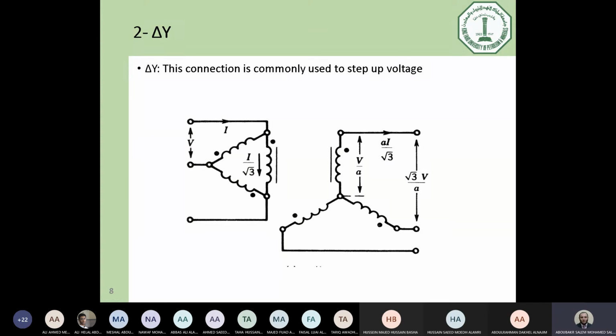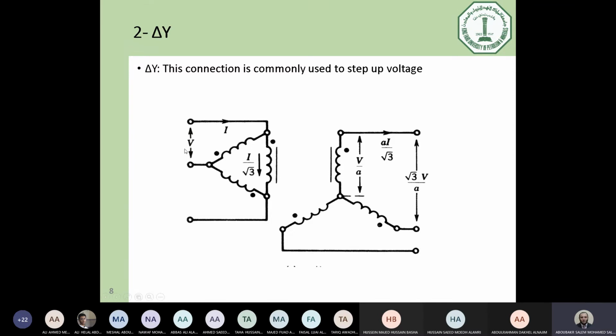The second connection here is delta star, and contrary to star delta, this one is preferred for step up. So for a step up transformer, we should use delta star connections. Let's compare the voltage and the current levels here for this transformer.